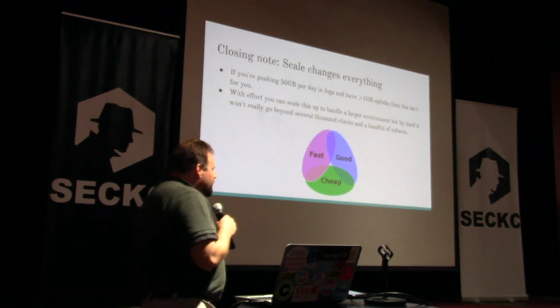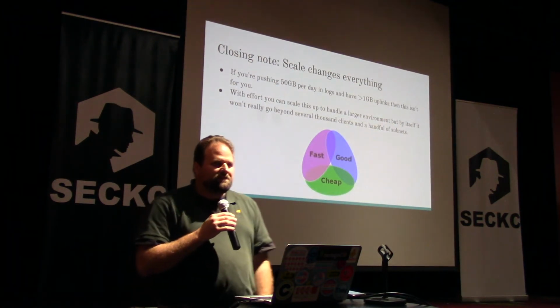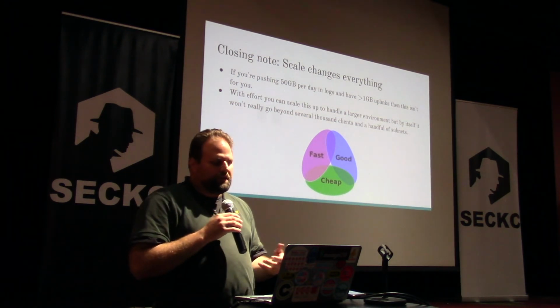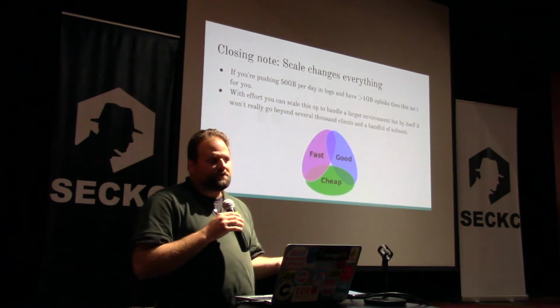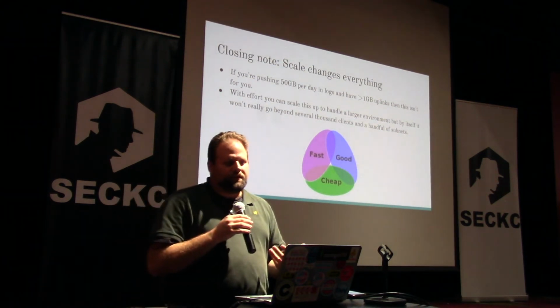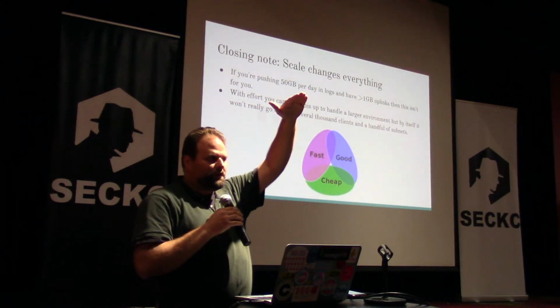And I think my closing note on that is scale changes everything. So if you're a small shop, you can easily set up a single machine with OSSIM and have a good solution. But as your needs increase, everything changes because you can only scale up a single server so high.